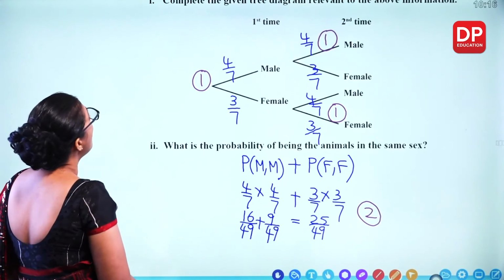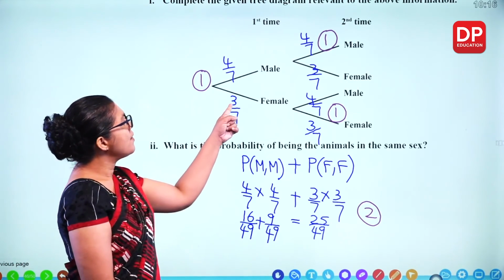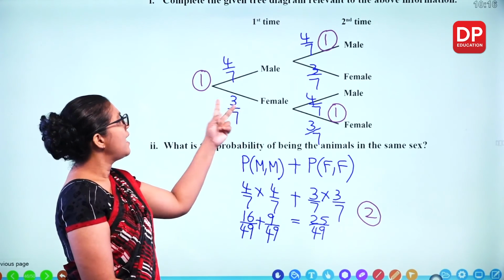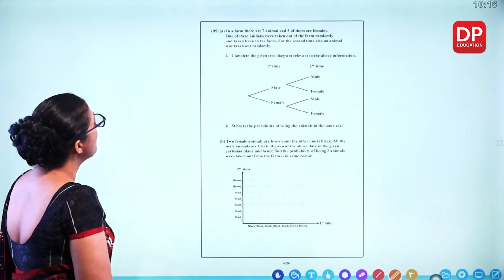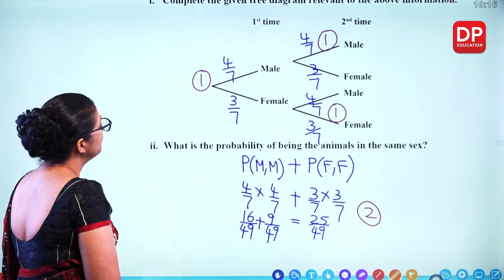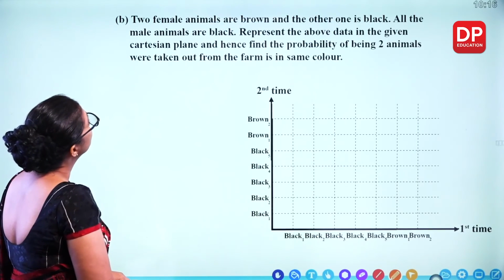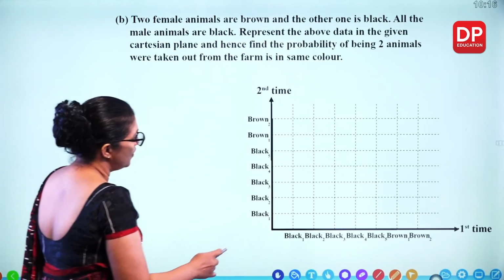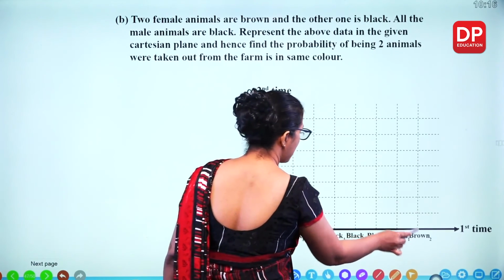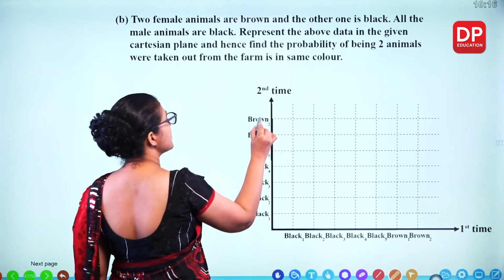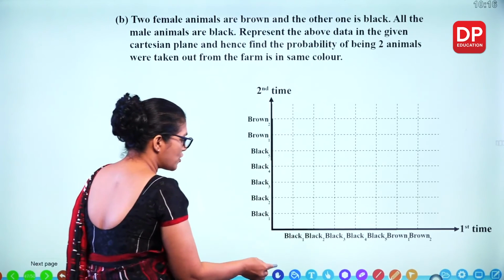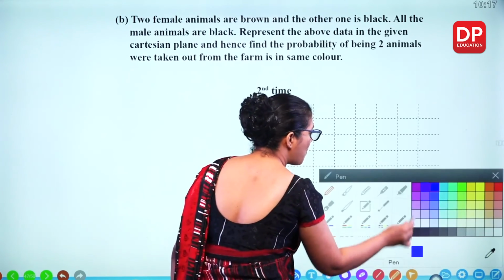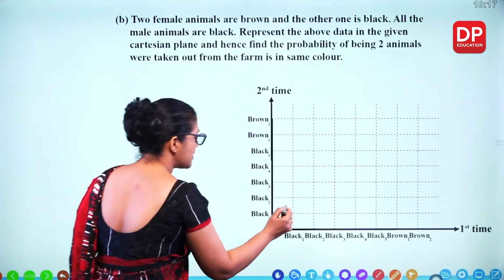Because how do you get 2 browns? 1 female black and the other 2 brown. So 1, 2, 3, 4, 5, 6, 7 here. 1, 2, 3, 4, 5, 6, 7. So this is the possibility space diagram. So you can mark all the possibilities because this is replacing.